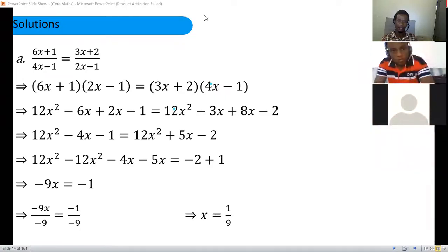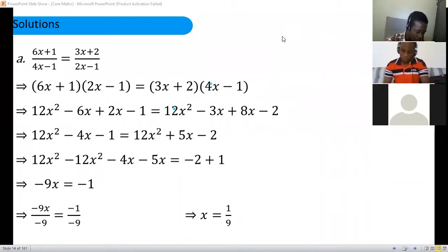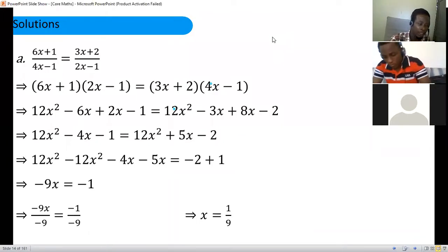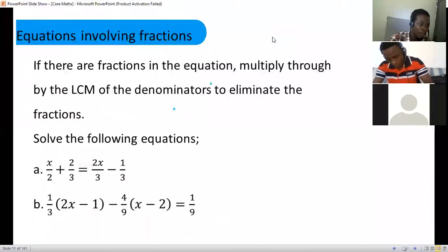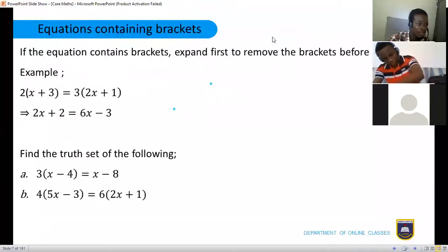Sir, please, I'm asking why we have the two terms as monomials. Do you know what a monomial is? You don't know a monomial. Okay. I think in our previous discussion, we looked at what a binomial is and what a monomial is.